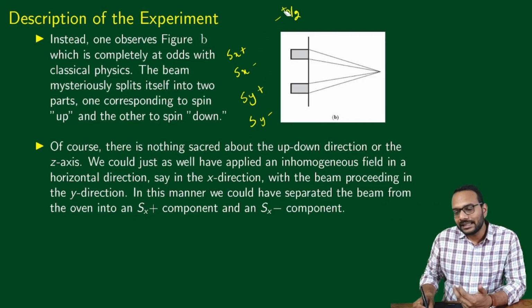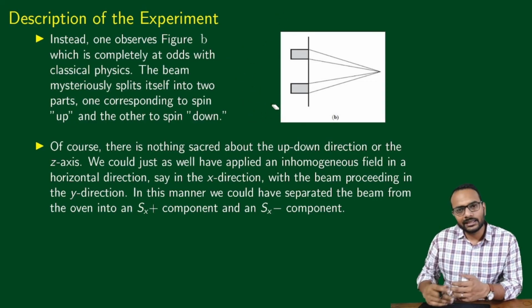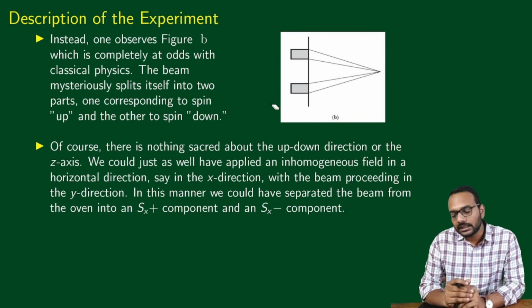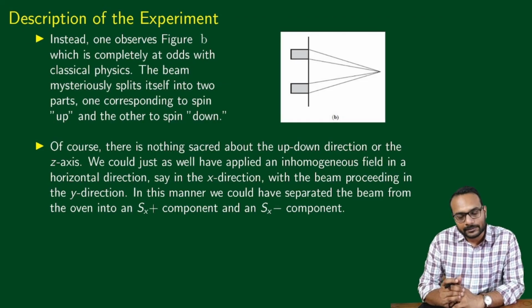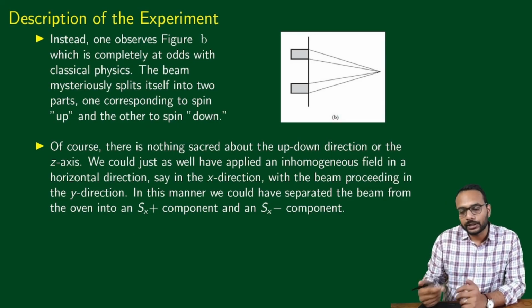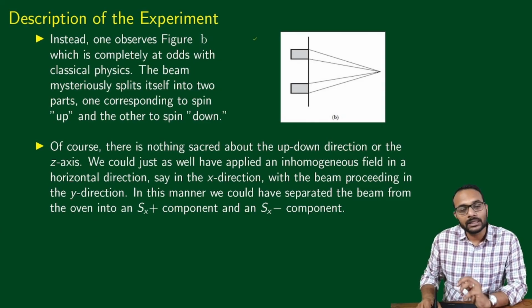So what we have seen in this class is that we basically send silver atoms into an inhomogeneous magnetic field, and depending on the magnetic moment, we expect that the atoms would go to different places. But what we actually experimentally observed was that it splits into two beams, corresponding to two possible values for the component of spin along the direction of the magnetic field.